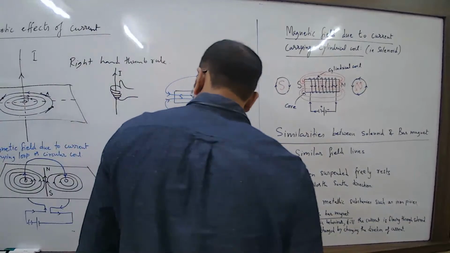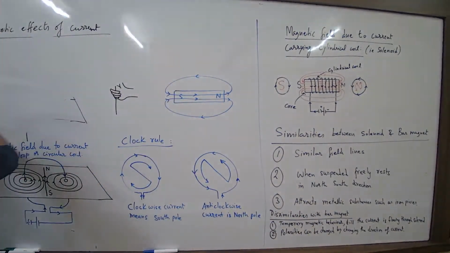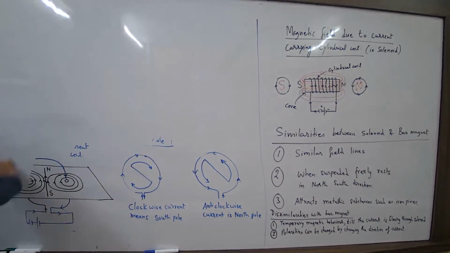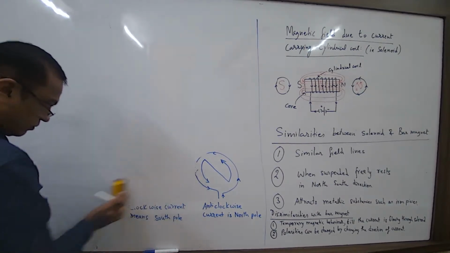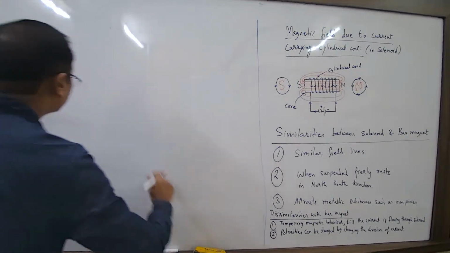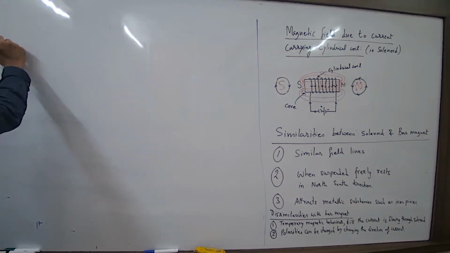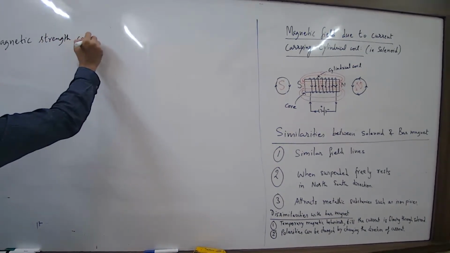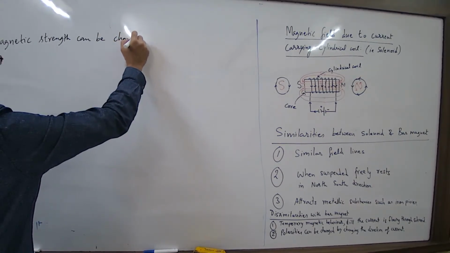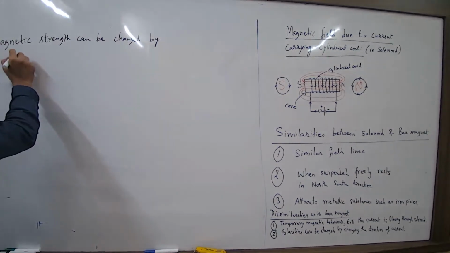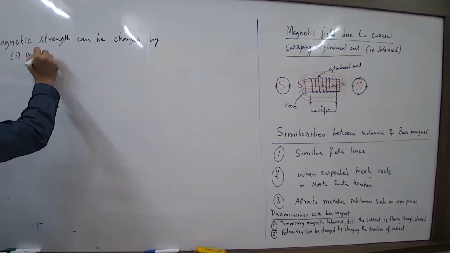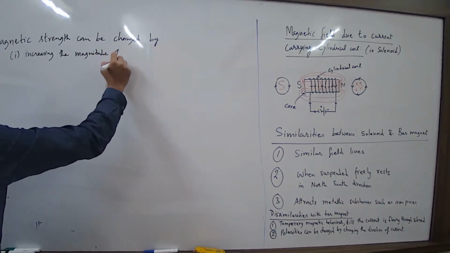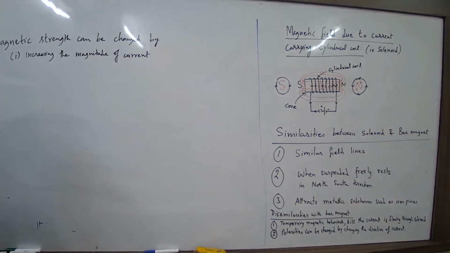So the third point is magnetic strength can be changed by increasing the magnitude of current.